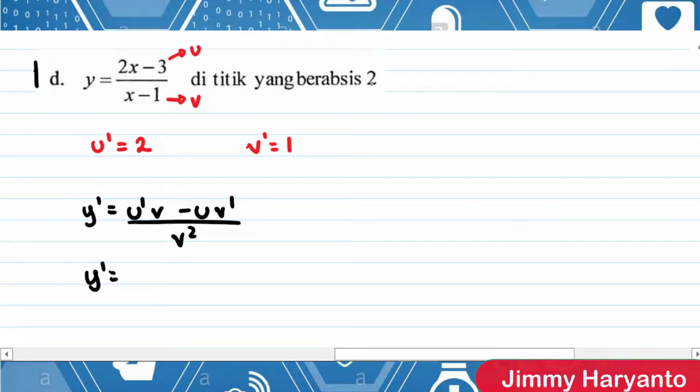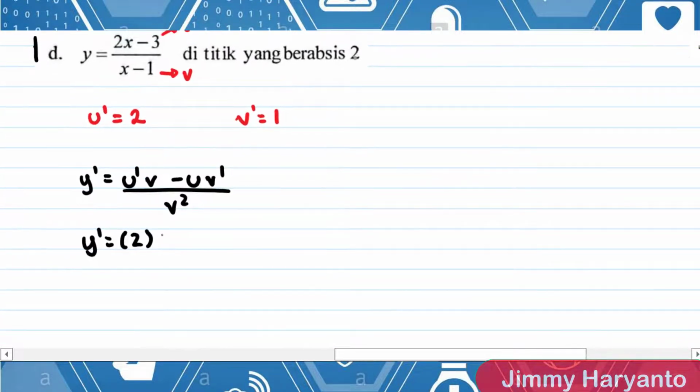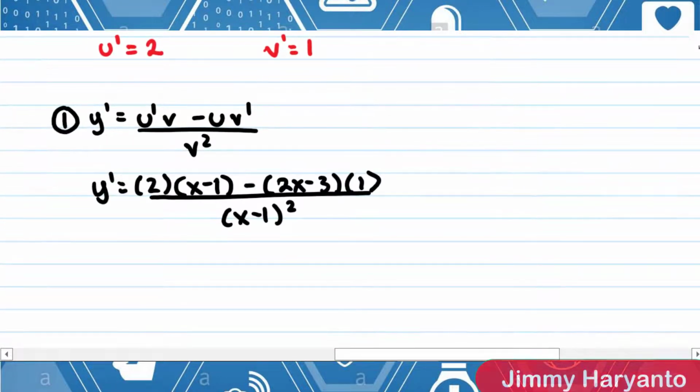So y' will be u' is 2 times v is (x - 1), minus u which is (2x - 3), times v' which is 1, over v², (x - 1)². We don't have to simplify this because we already have the first step. We'll go to the second step.